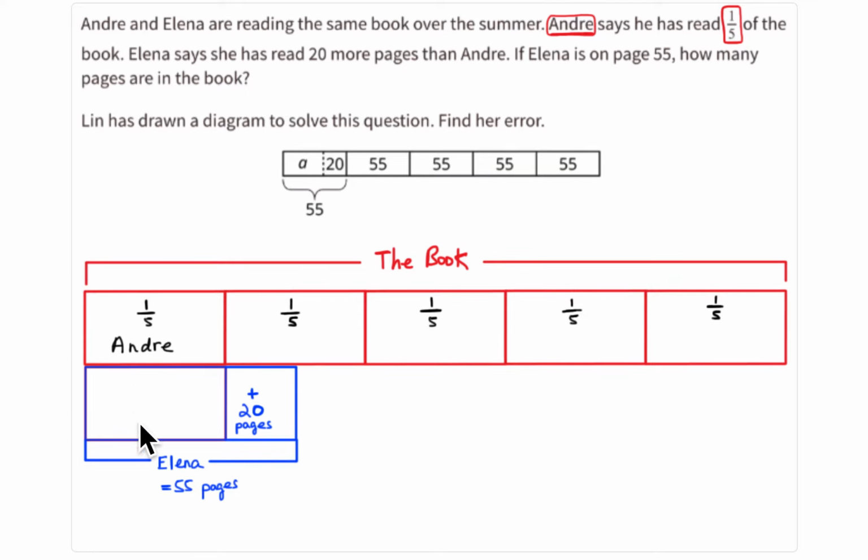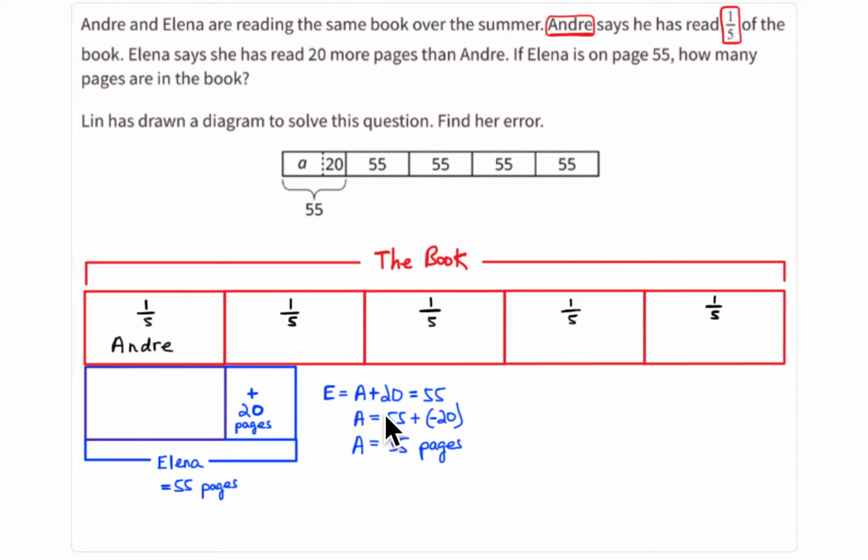So Andre read how much? Well, you take that 55 pages and you subtract these 20 pages, and you get what Andre read, which is 35 pages, which means the whole book is 5 times 35, or 175 pages. So Andre plus 20 equals the 55 pages.